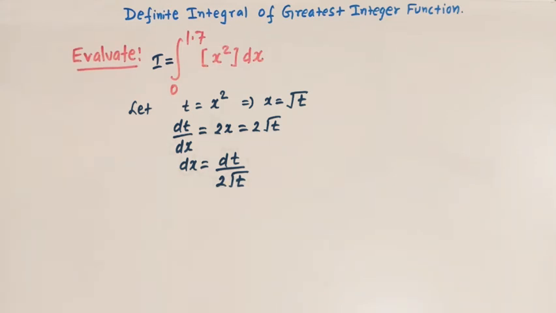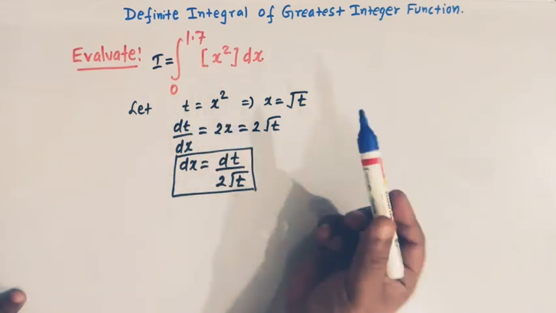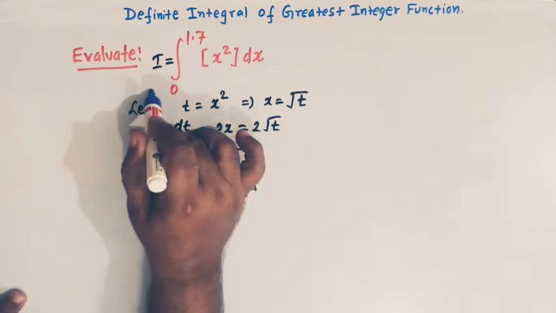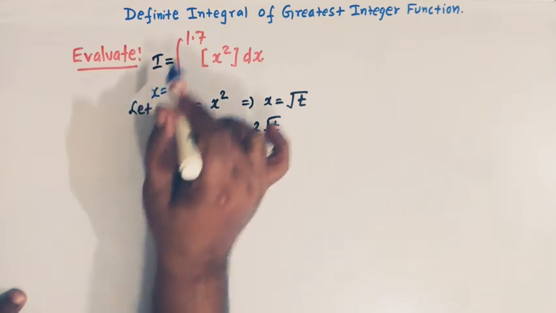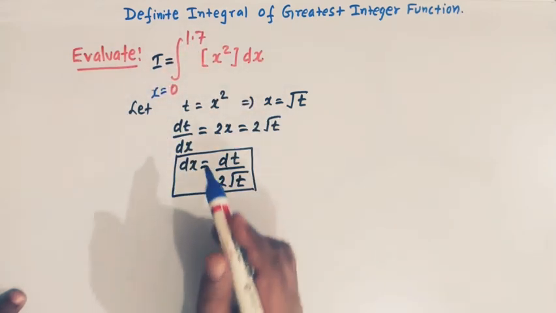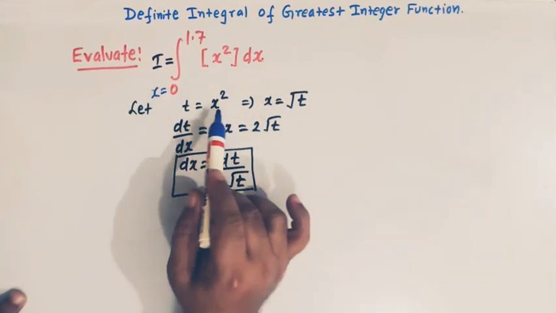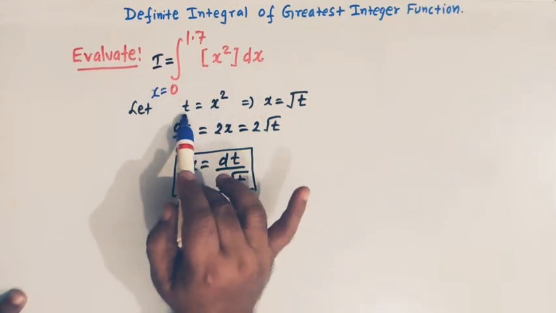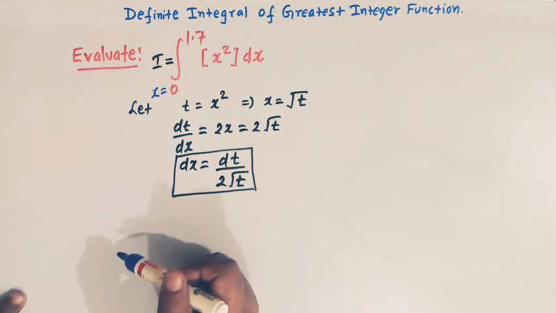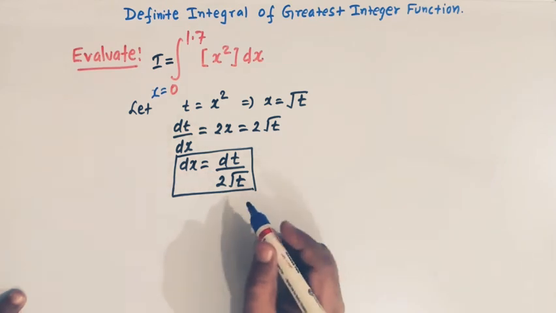Now here the value of x varies from 0 to 1.7, and when we have changed the variable from x to t, let us change the limits accordingly, right?